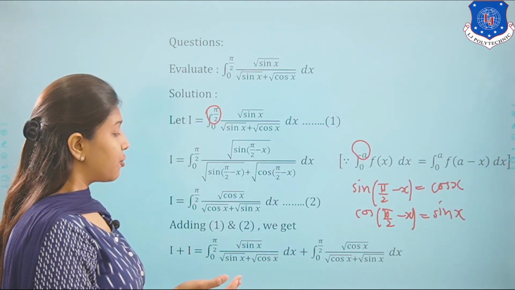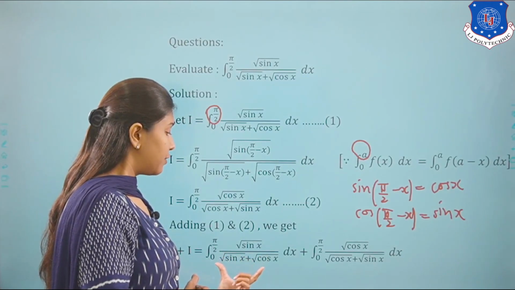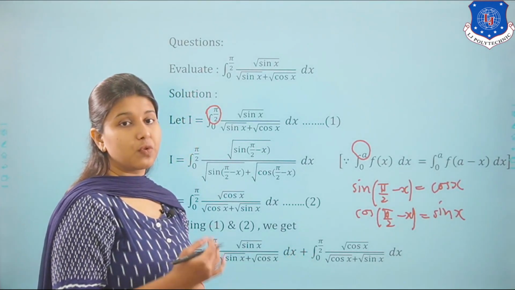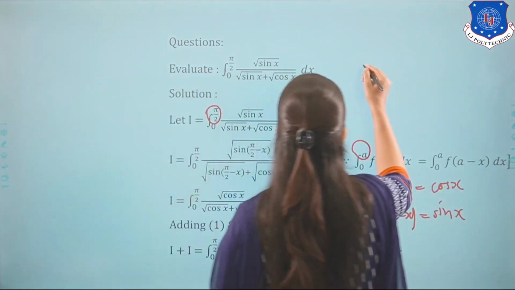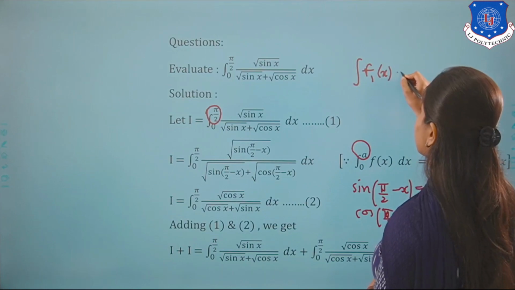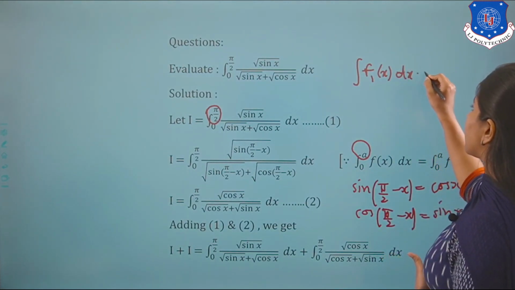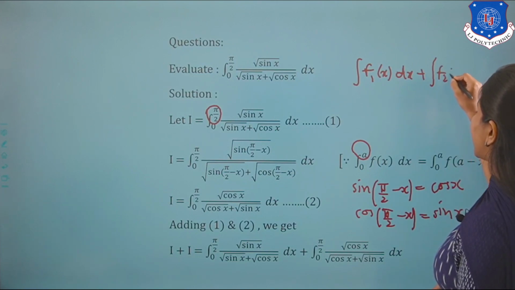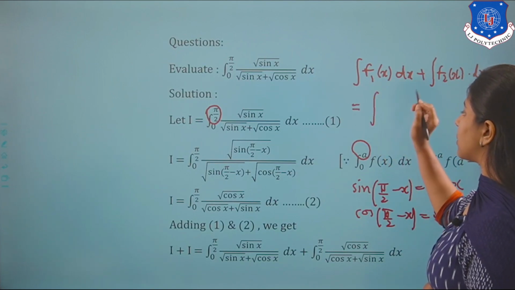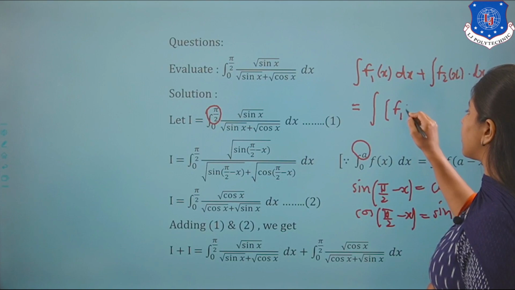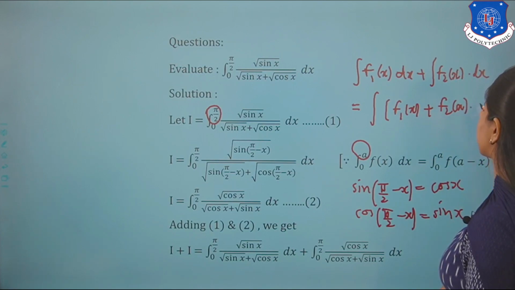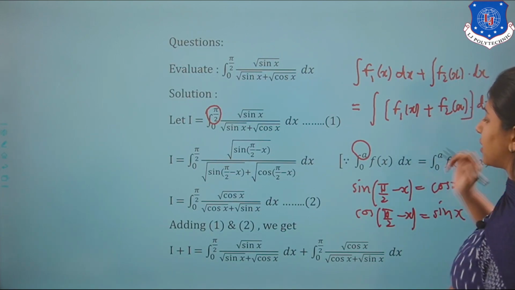Now what we need to do: here we have two terms in integration and both the terms are in addition, so we can write it as: if integration of f1 of x dx plus integration of f2 of x dx are given, then you can write it as the whole integration of f1 of x plus f2 of x dx.